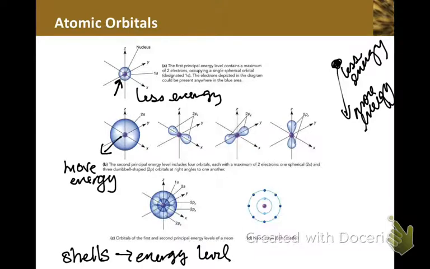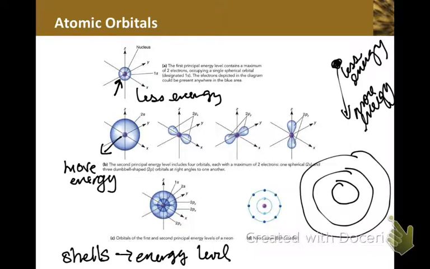Now shells can fit multiple electrons within them. And essentially you are trying to fill the shells. Filling the shells makes the atoms, let me just put atoms, stable or happy.